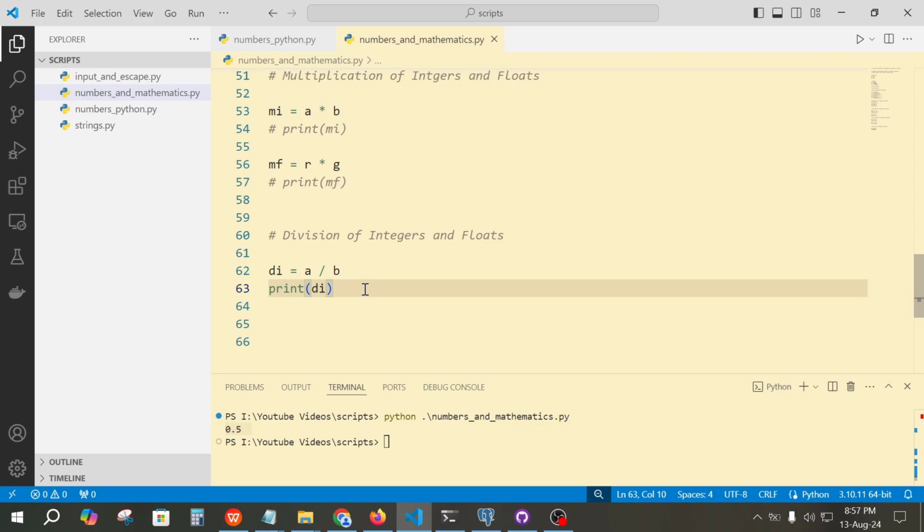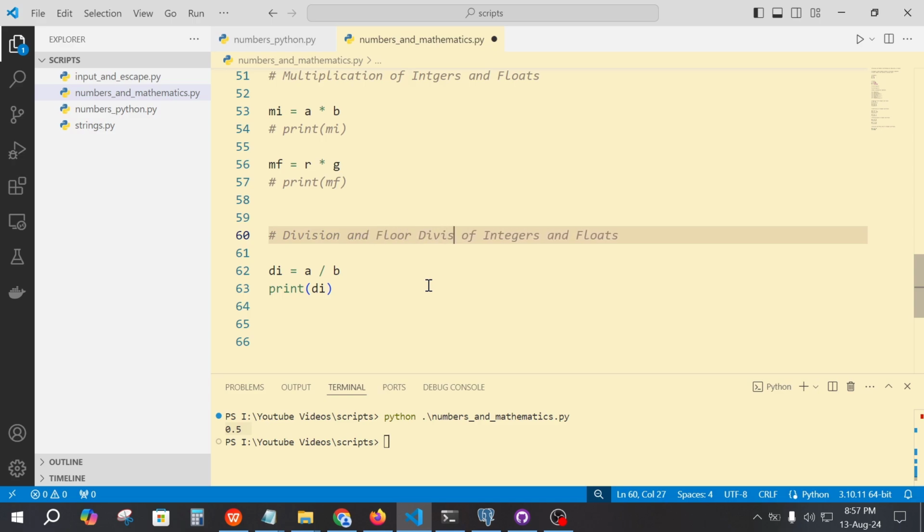And at the same time I want to introduce floor division. This floor is the floor that you walk on, like the ceiling is the ceiling, the floor is the floor. So floor means the down value of a float. Let's say we add the floor division sign here.